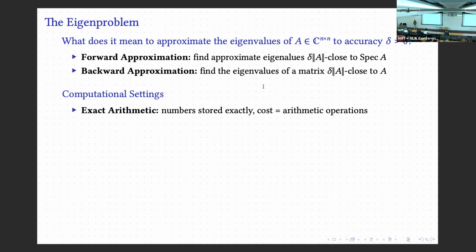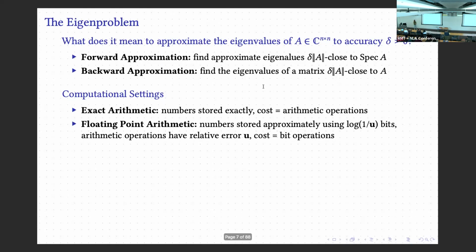Not very realistic, but useful for analyzing things before you can get to the real deal, which is, of course, floating point arithmetic, which our computers actually use, where you store numbers up to some finite precision using around that many bits, and every arithmetic operation you do is approximate and has relative error controlled by this machine precision U. And then the cost of the algorithm is not just the number of arithmetic operations, but it also depends on the precision, right? If you're using more bits of precision, more expensive. So you can measure it as the number of bit operations, the number of pairs of bits you actually need to manipulate.